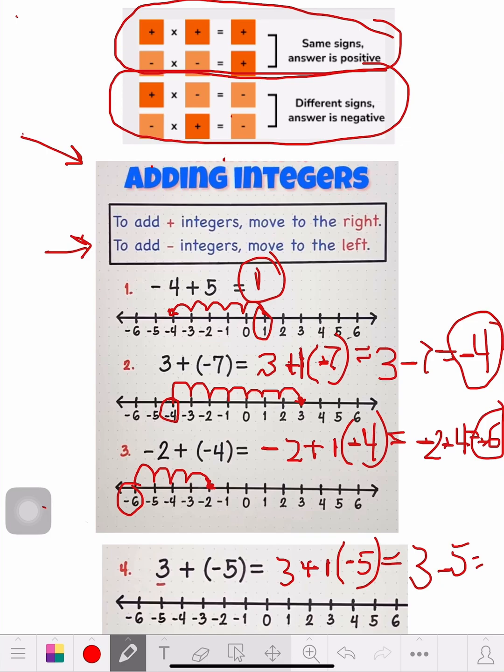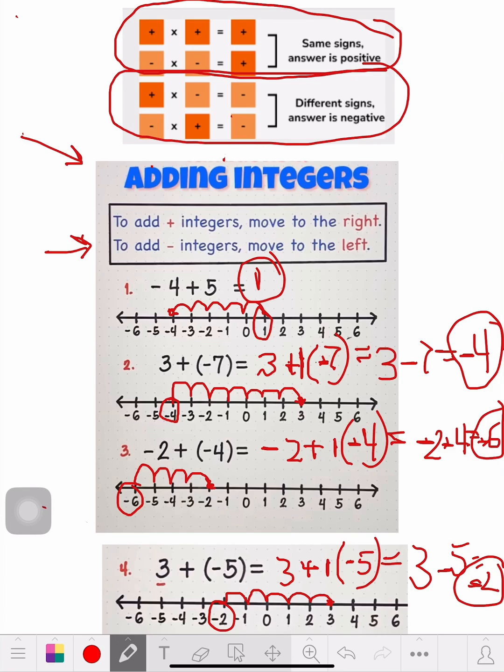Equals. So we start with the 3 right over here. Now it says to add negative integers, move to the left. So we go 1, 2, 3, 4, 5. The answer is -2. -2. Let's move up. And so that was all there was to this, okay?